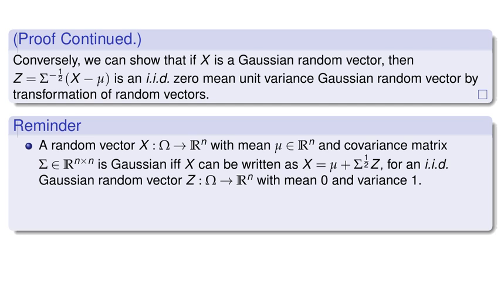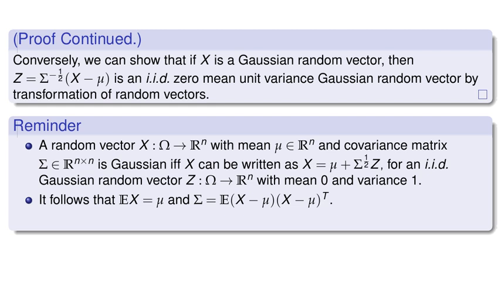So to reiterate this important equivalence, a random vector x with mean mu and covariance sigma is Gaussian if and only if it can be represented as x equals mu plus sigma to the 1/2 times z, where z is an IID standard Gaussian vector.